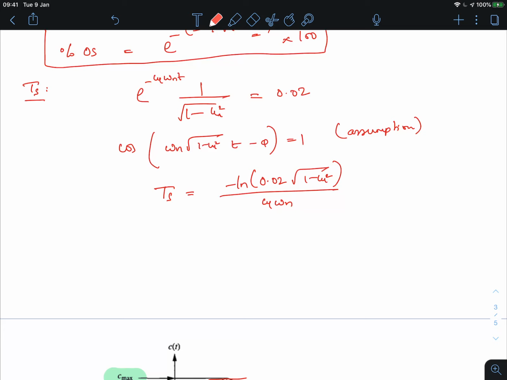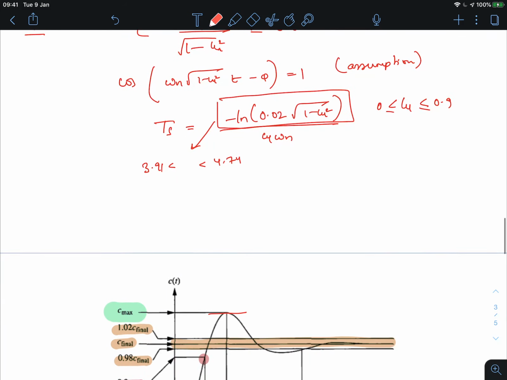So this is a bit complex expression, so you would verify by yourself also that once you increase xi between 0 to 0.9, you would notice that this numerator part varies from 3.91 to 4.74.